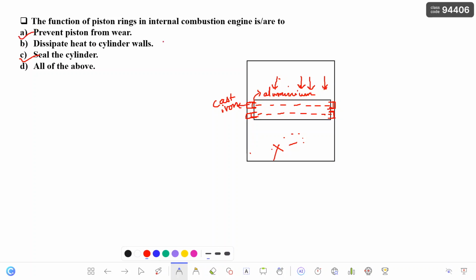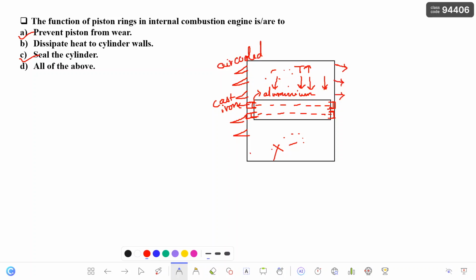Then, dissipate heat to the cylinder walls, and this is very obvious. Everyone might know how to ride bikes. In a bike you might have seen the engine has fins. Why is this fin there? Because the temperature inside the chamber is very high, so this needs to be cooled down. This is air cooled, and the fin is used to cool down.